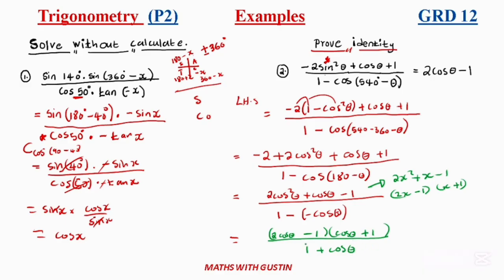Therefore 1 plus cos theta will cancel with 1 plus cos theta at the top. Therefore you are left with 2 cos theta minus 1, which is equal to the right hand side. Now you can get out of the exam smiling and happy, knowing very well that you managed to prove this identity. Now let's go to the next question, which is the last question on this video.